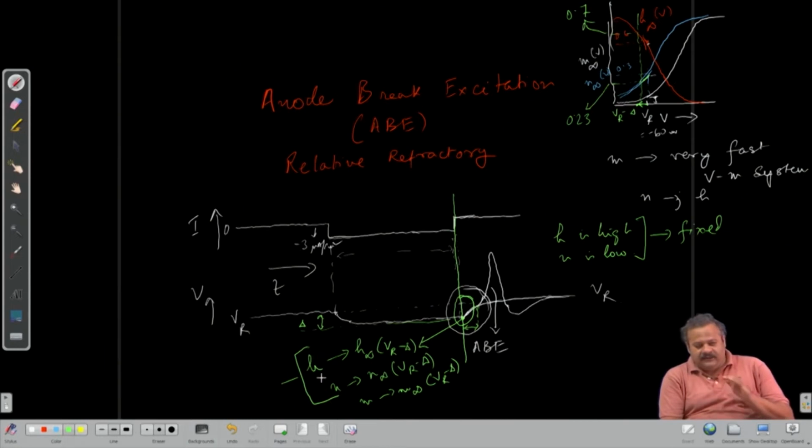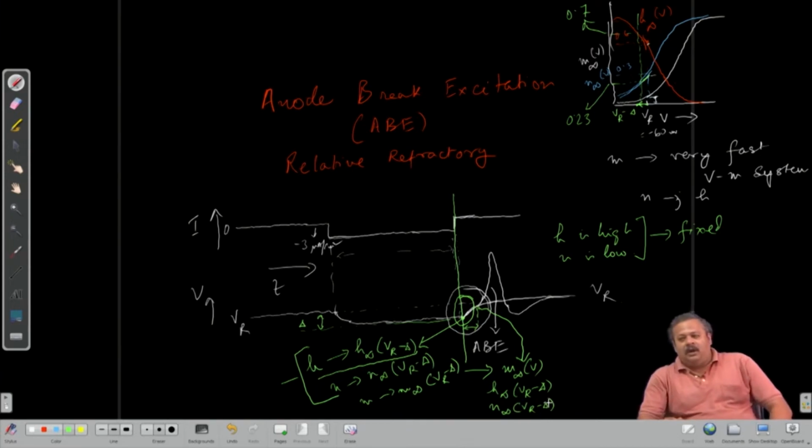So H is very slow, it stays at H infinity of VR minus delta, changing very slowly. By the time m infinity has gone from m infinity of VR minus delta to m infinity V, H is still effectively at H infinity of VR minus delta, and N is still at N infinity of VR minus delta, because of their large time constants.